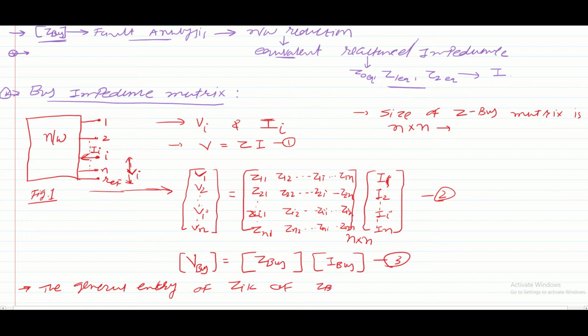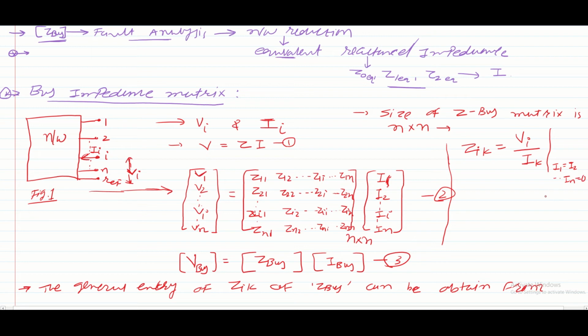The Zik of Z bus can be obtained from Zik, which is equal to Vi divided by Ik, with the condition that all the currents I1, I2 up to In are equal to 0, and Ik is not equal to 0.